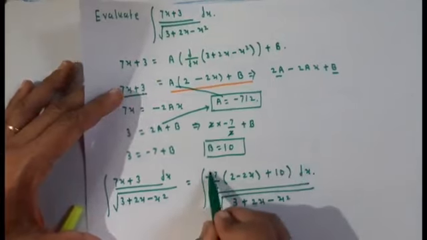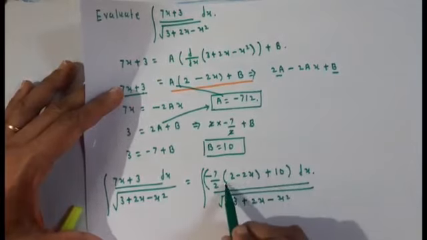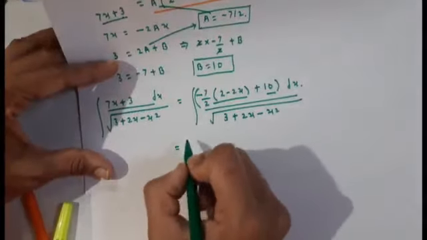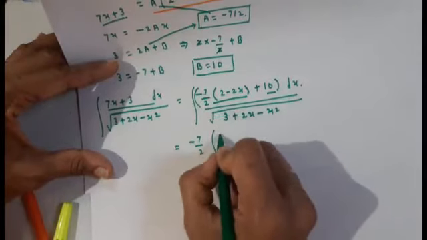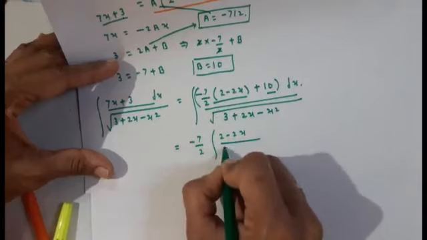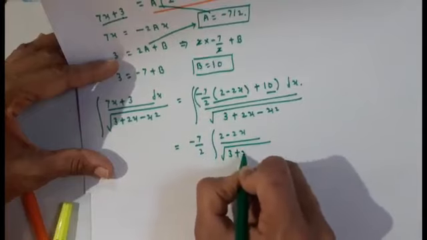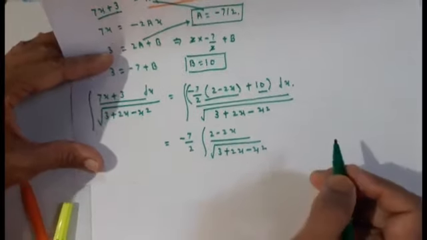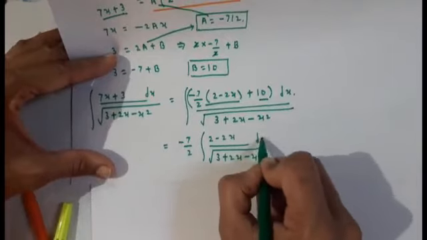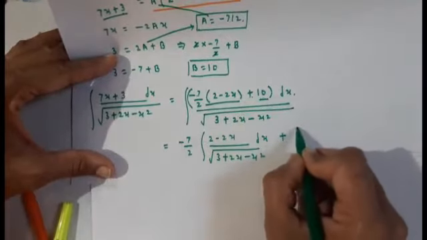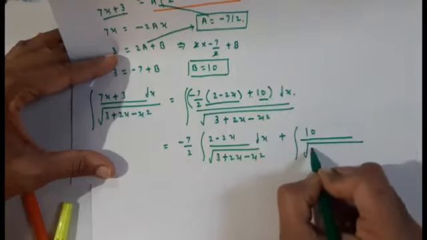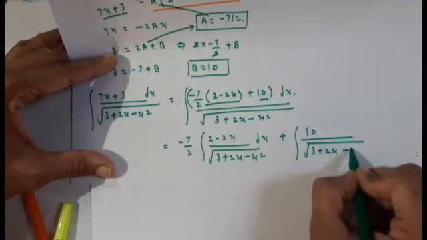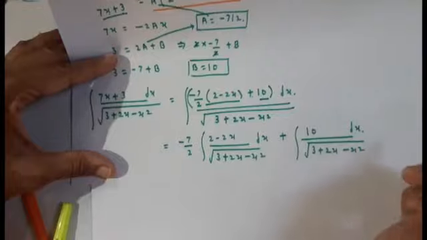Okay students, here there are two terms in the numerator, so separate the terms. We will get minus 7 by 2 outside, integration of 2 minus 2x upon square root of 3 plus 2x minus x square with respect to x, plus integration of 10 upon square root of 3 plus 2x minus x square with respect to x.